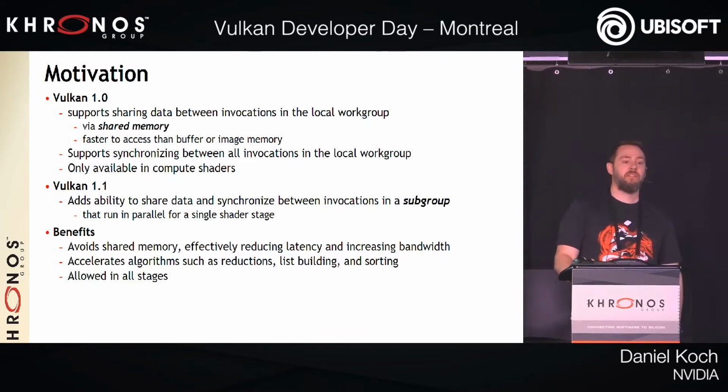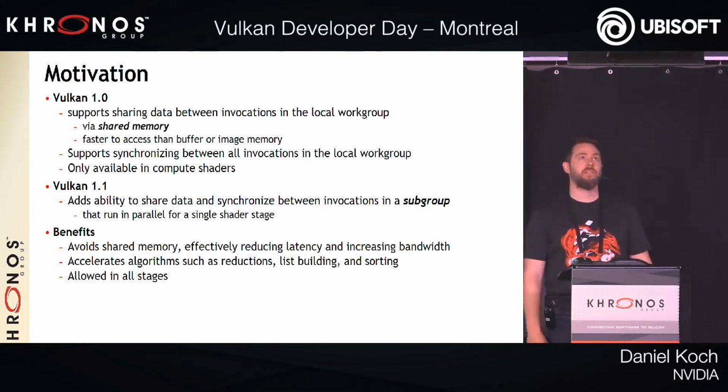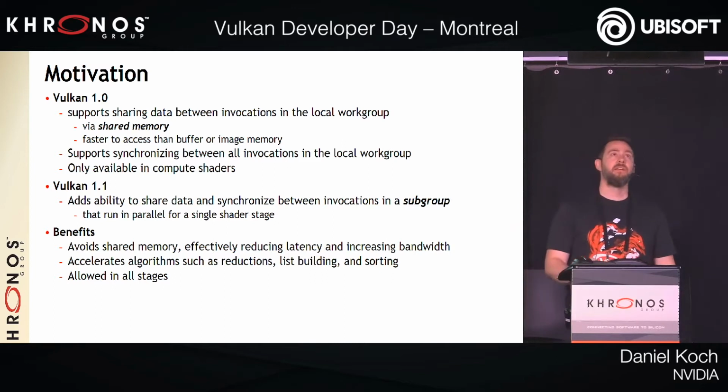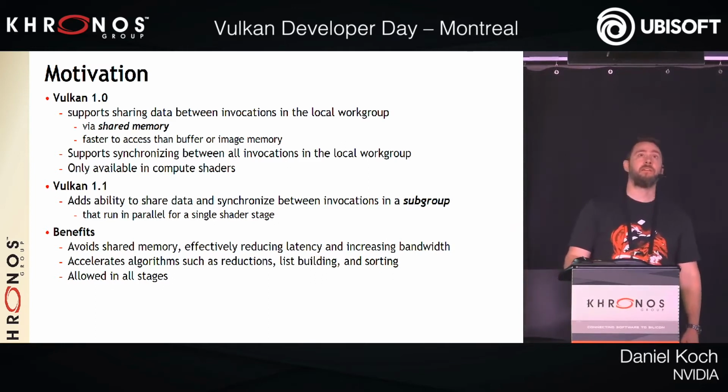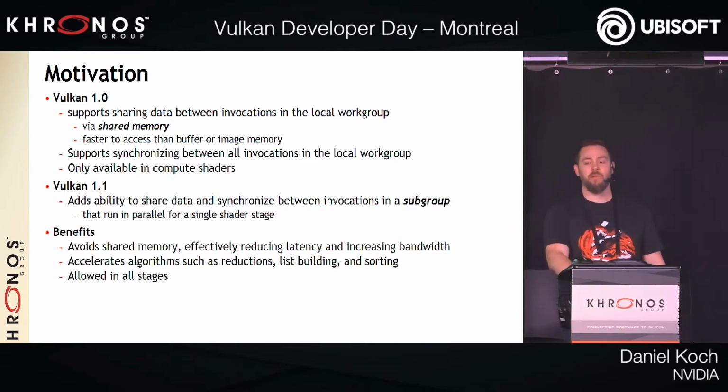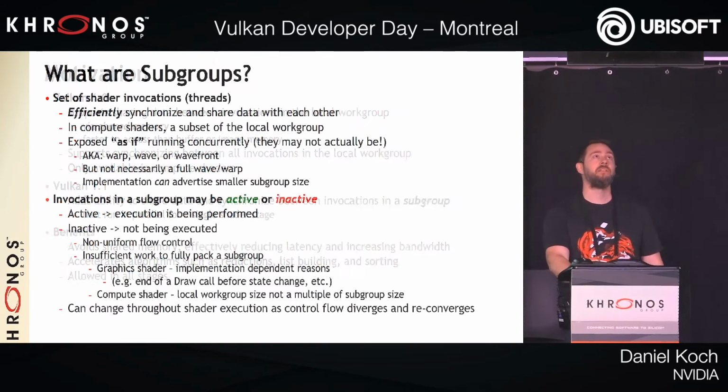The main benefit is that you can avoid going out to shared memory, so it can reduce your latency and effectively increase your bandwidth. You can accelerate a lot of algorithms such as reductions, list building or sorting. And in Vulkan, they can be supported in all stages, not just compute shaders.